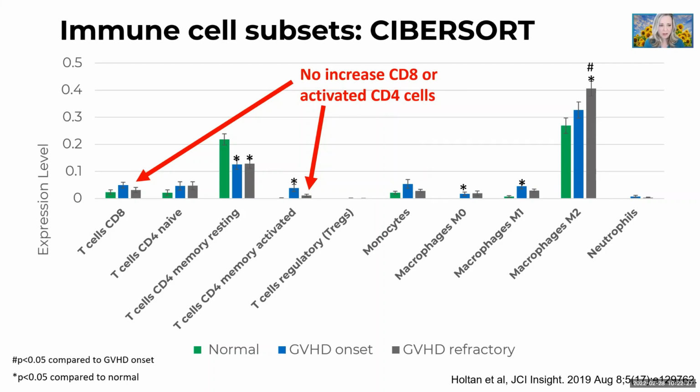You can see that our arrows are pointing to T cell subsets here, CD8 and memory activated CD4 cells. There is no increase in these cells in the biopsies by this method in steroid refractory patients. Rather, what we see on the right is accumulation of M2 macrophages in steroid refractory acute graft versus host disease.